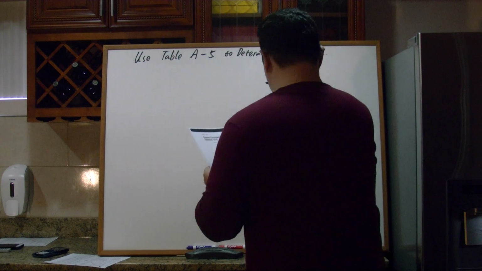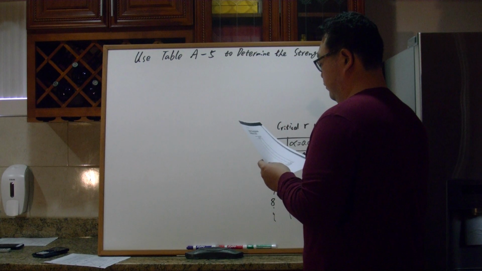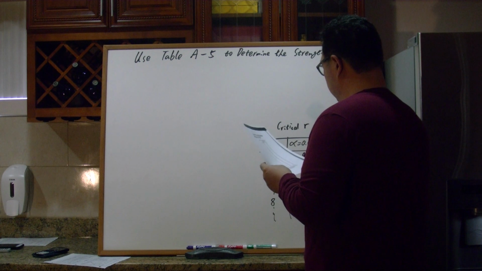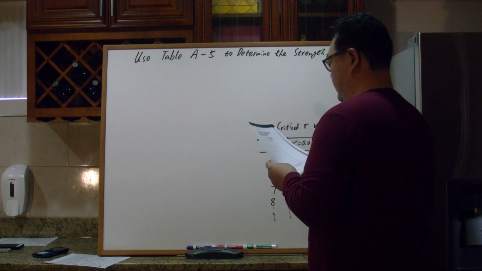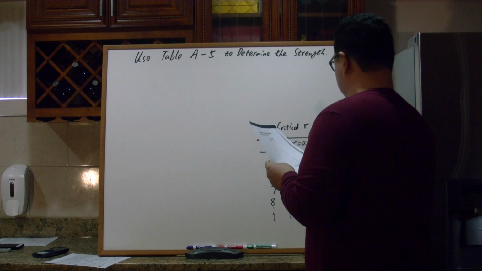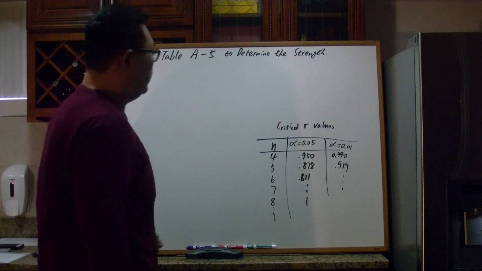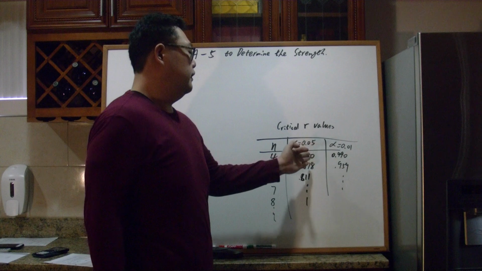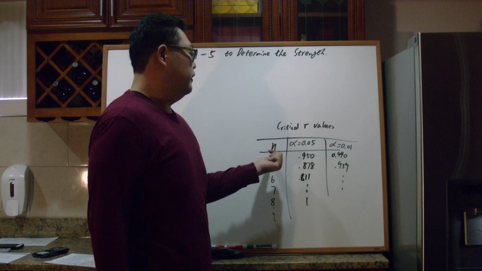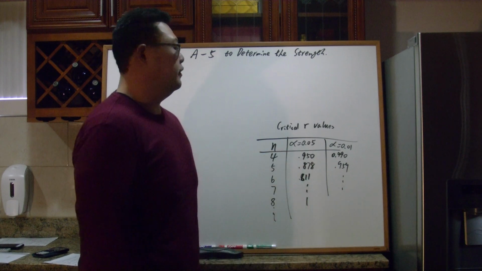The alpha equal 0.05 has values, and 0.01 has another value which is bigger than that, which the critical value indicates that, well, if the R value is bigger than that critical value for n to be 4 pairs, for example, 0.950.